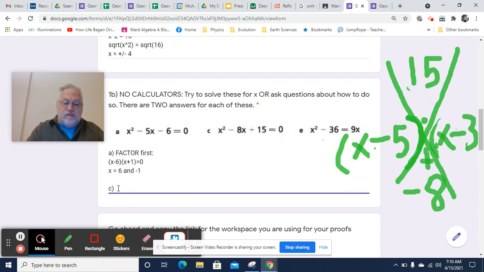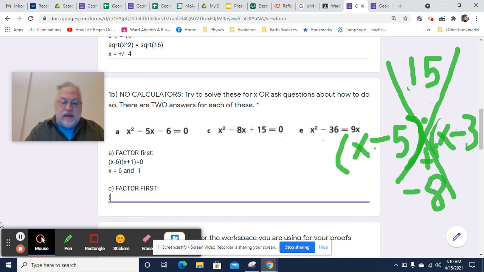All right, so factor first. Okay, and now we're going to have x minus 5 times x minus 3 equals 0. That's just an equivalent expression for x squared minus 8x plus 15.